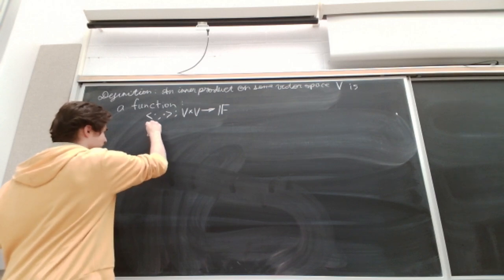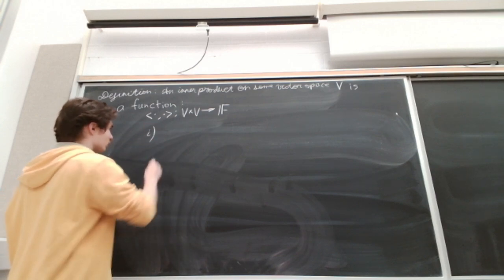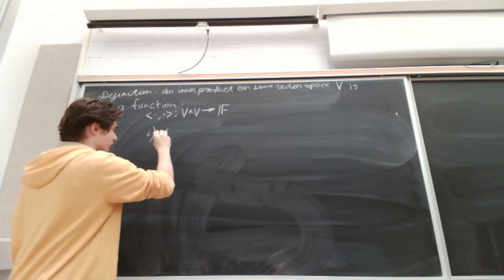So, property 1. This function is going to be linear in the first entry.